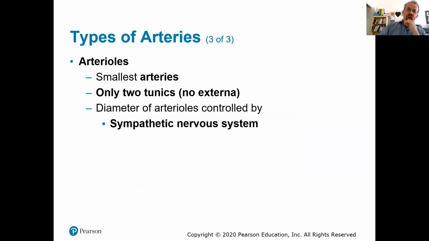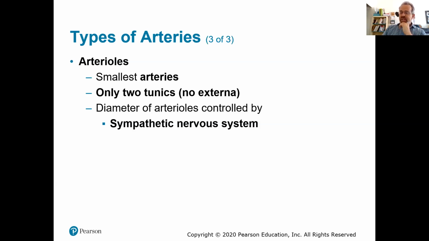Let's take a look at the arterioles now. So going from the elastic arteries to the muscular arteries, which are most of the arteries, to the arterioles, instead of having 3 layers, we now have 2. We only have a tunica intima and a tunica media.